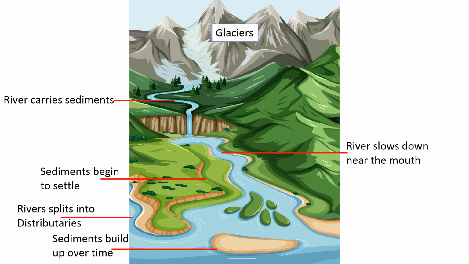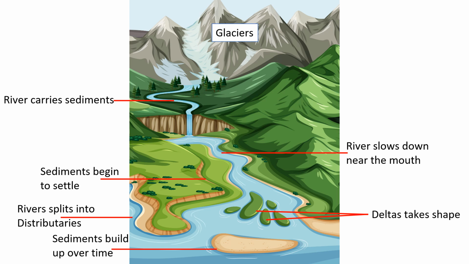Fifth, the river splits into distributaries. As the land grows, the river branches into smaller channels called distributaries, spreading water and sediments across the area. Sixth, the delta takes shape.